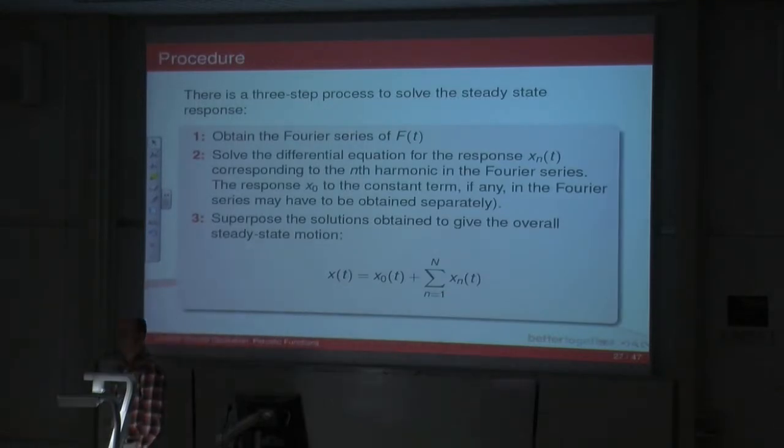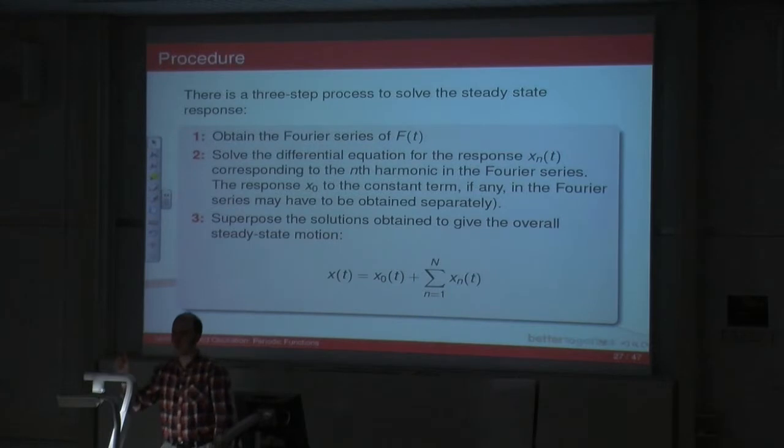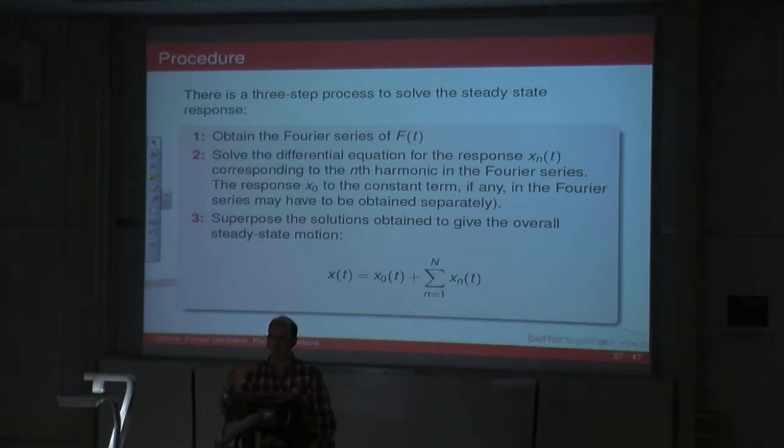I talked about a procedure that you have to go through to solve these sorts of problems. You have to find the Fourier series, f of t, of that forcing function. For every term in that forcing function, if there's a constant term, there'll be a constant term, and then there'll be a number of terms wrapped up in that sum sign.